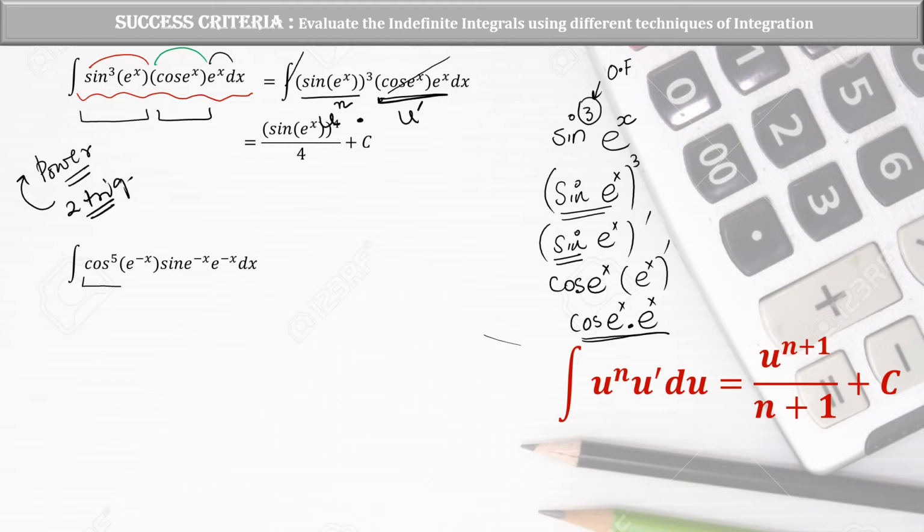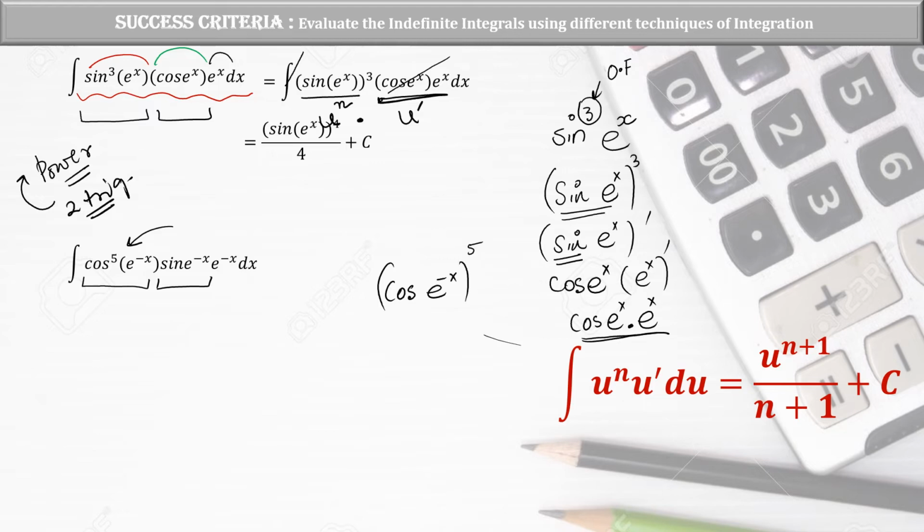What have we focused on? That we have two trigonometric functions, cosine and sine. So choose the most difficult one, which is the one that has a power. I can write it as cosine e to the power negative x whole to the power 5.